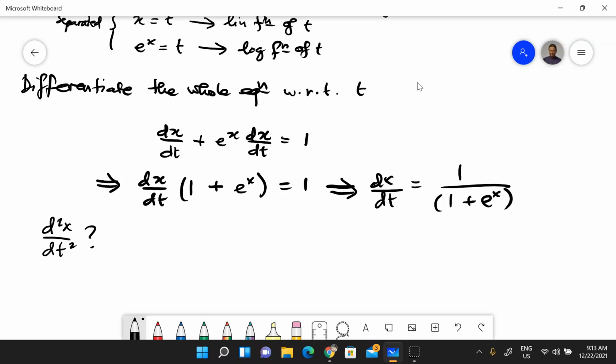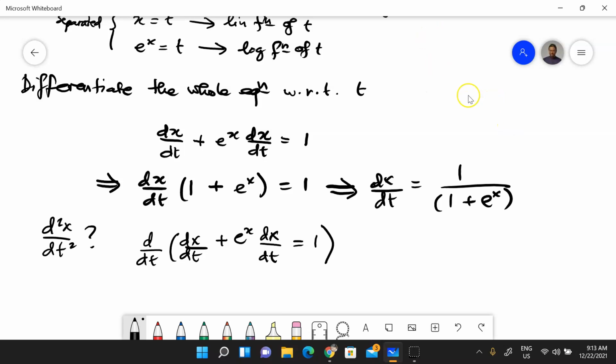So what we do in this particular case is look at this equation and differentiate with respect to t again. In other words, we take d/dt of dx/dt plus e to the x dx/dt, and on the left hand side it's just a constant, so you get that equal to 0.